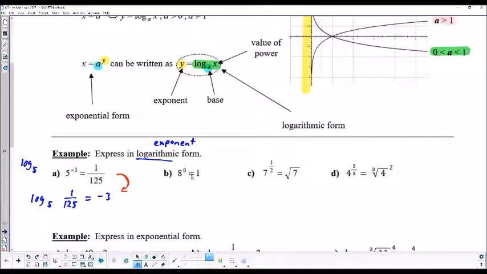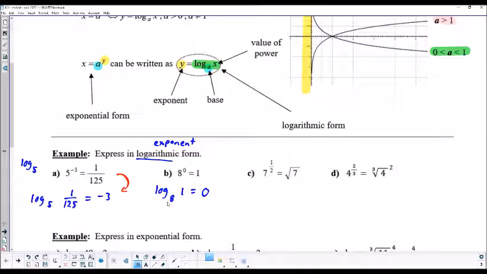We'll write the logarithmic form of 8 to the power 0 equals 1. We know the result is 1, the exponent is 0, and it's a logarithm of base 8. So the logarithm of 1 to the base 8 is 0.